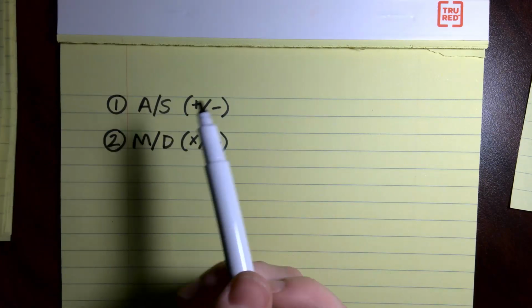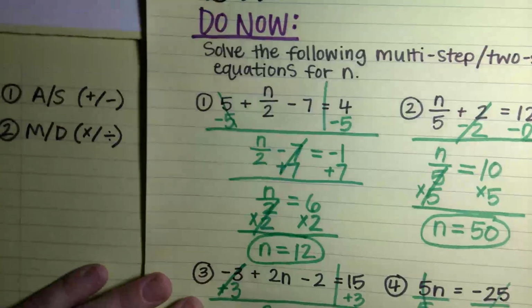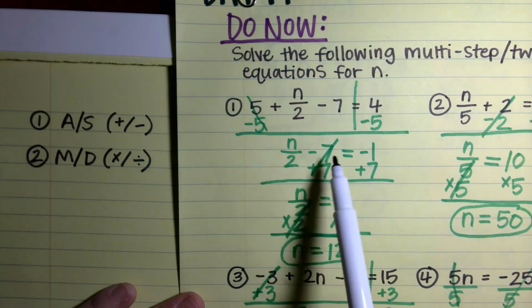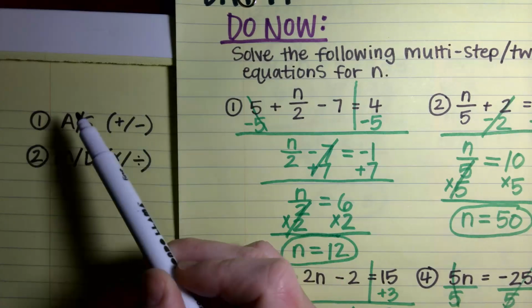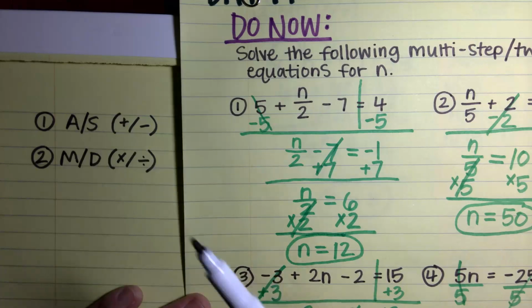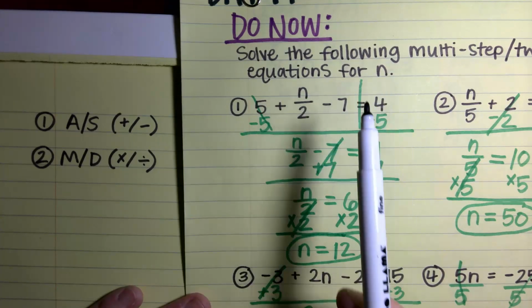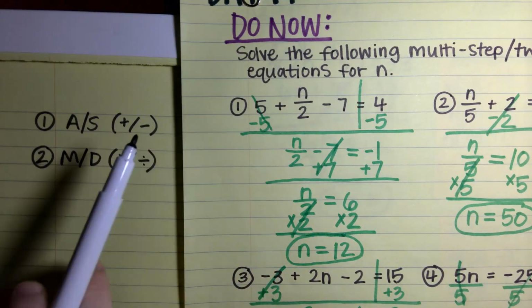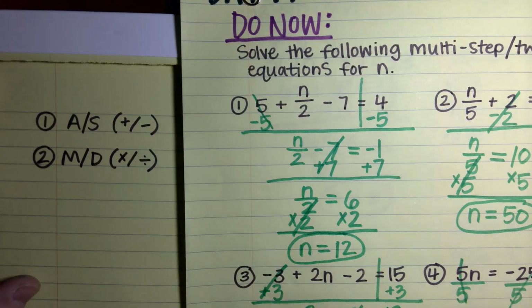Like in our do now, we first subtracted 5 and then we double checked to see, do I have any more addition and subtraction? And I did, so we added 7. So we did that first step twice. If there was another one that we had to add or subtract, we'd do it 3 times. We're going to do each step until there's nothing more within those categories, okay? So when we solve an equation, this is the order that we do it in, unless we have something like this.